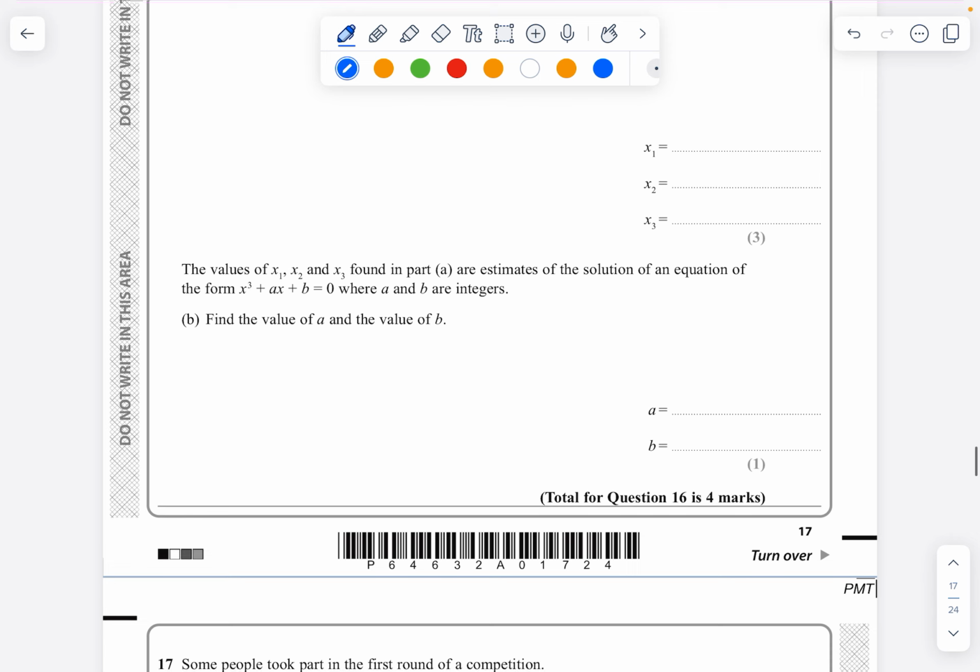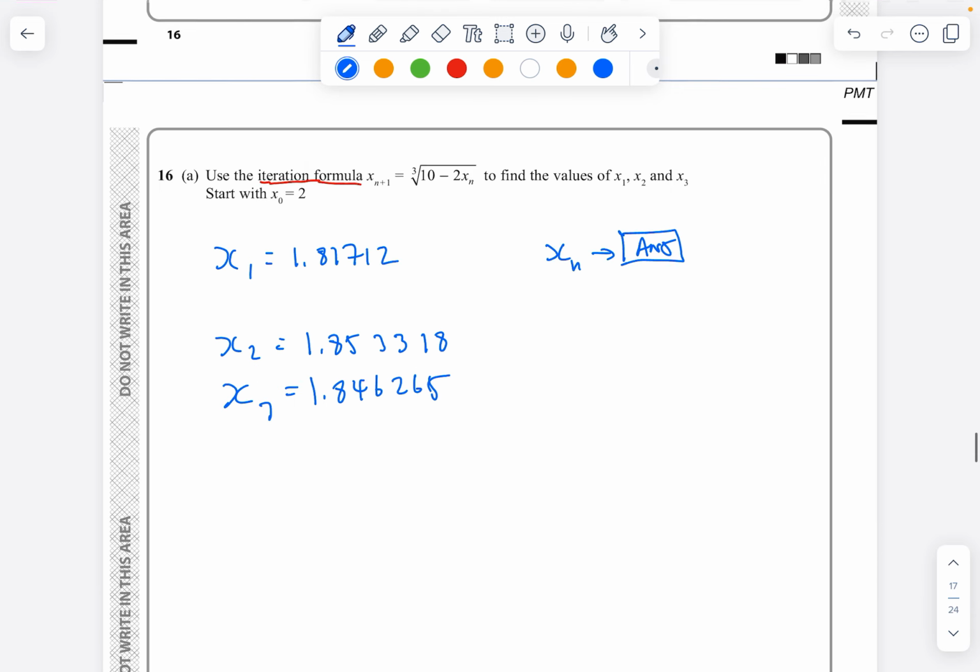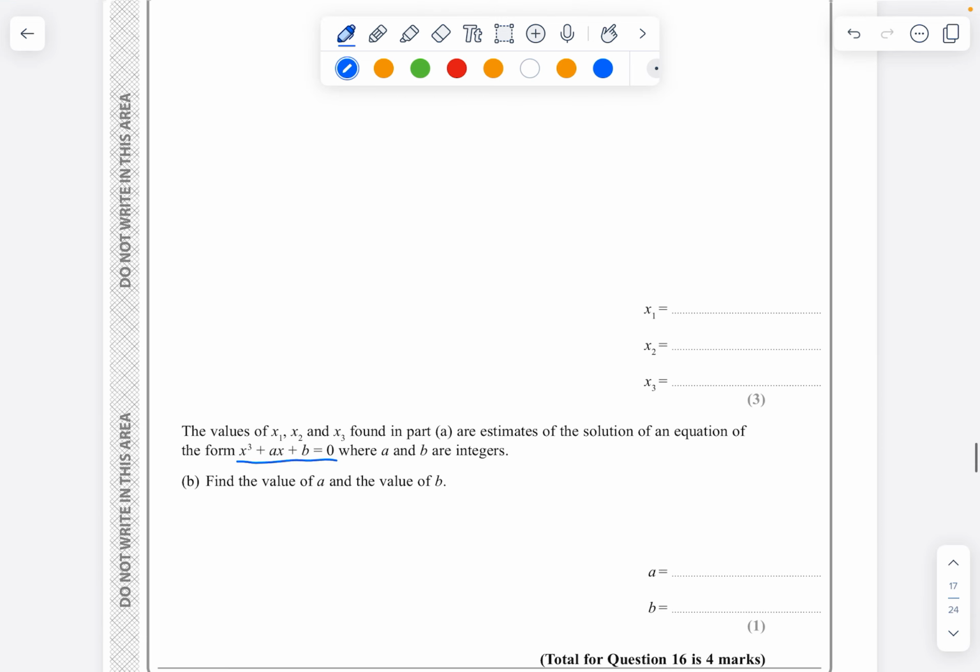Okay, now the second part of the question, it says the values of x1, x2, x3 are estimates of the solution of an equation in this form. And we've got to find out what a and b are. Well, this is just the inverse of what we did before. So our recursive formula is xn plus 1 is the cube root of 10 minus 2 times xn.